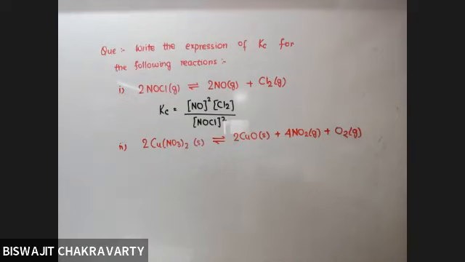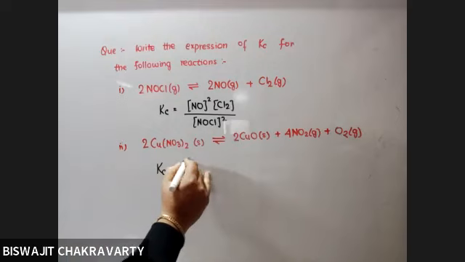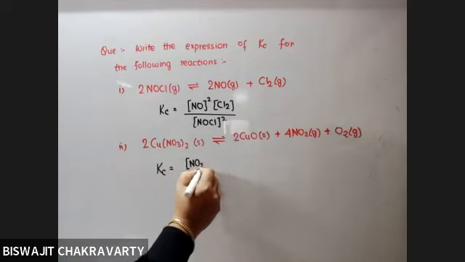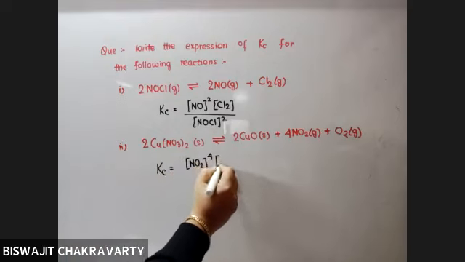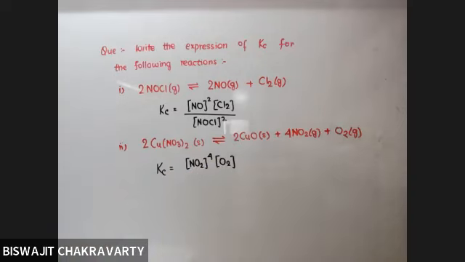If you are asked to write down the expression for Kc, the solids should not be considered. So the expression for Kc will be concentration of NO2 to the power 4 into concentration of O2, nothing else. Understood? Yes, sir.